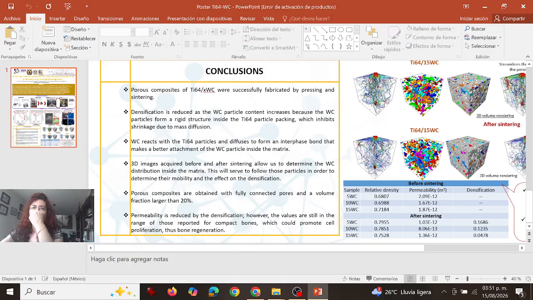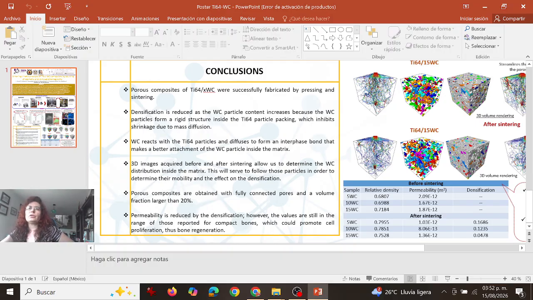We also concluded that the tungsten carbide reacts with the titanium-64 particles and diffuses to form like an interface bond that makes a better attachment of the WC particles inside the matrix.